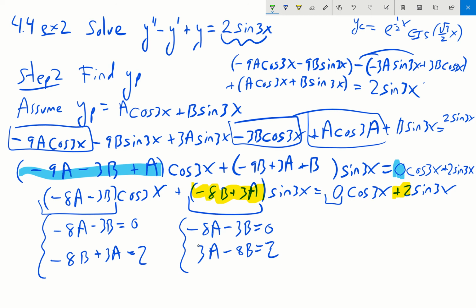Between 8 and 3, their least common multiple would be 24. So I can multiply the first row by 3, everything, and I can also multiply the next row by 8. That will give us the following equivalent linear system.